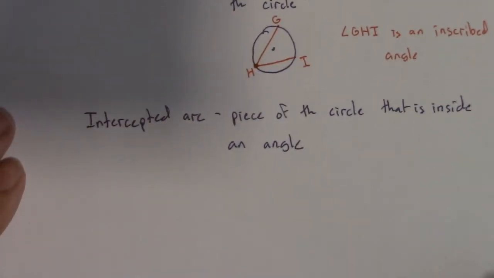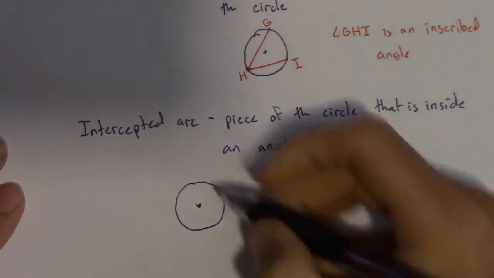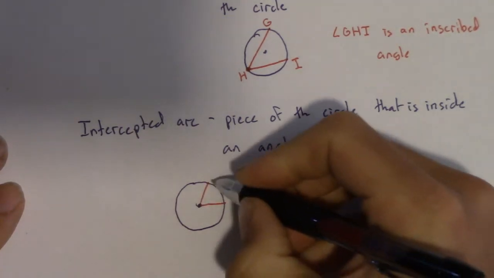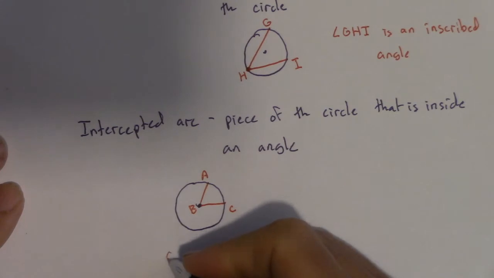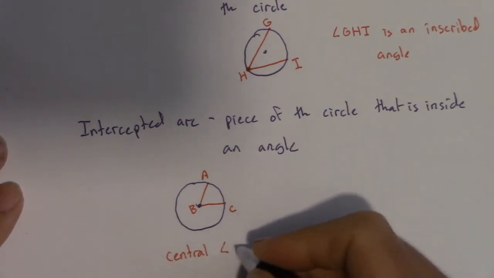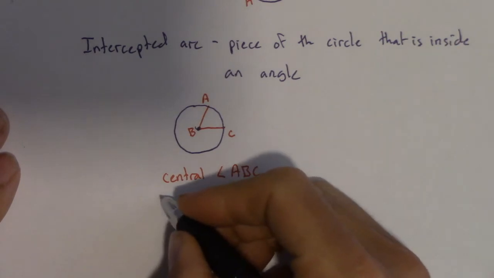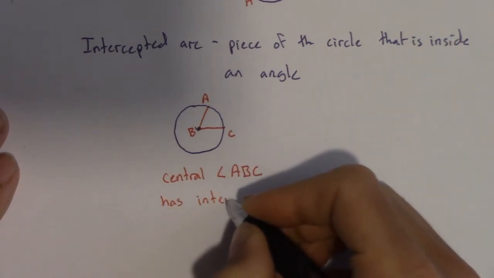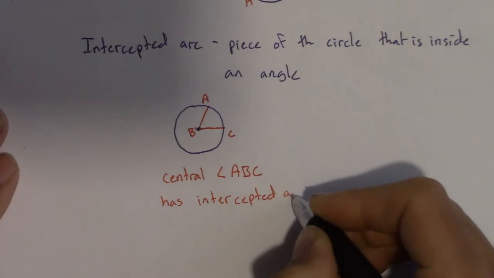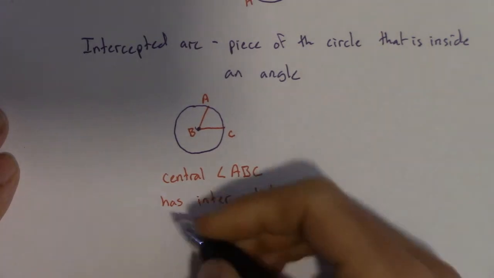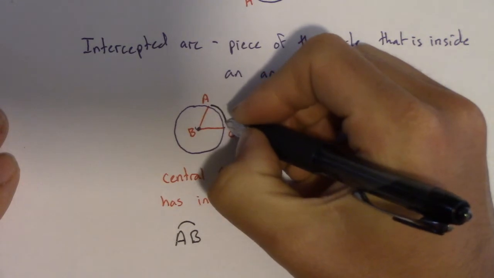Okay, so for example, I could have a central angle, I could call that ABC, and so central angle ABC has intercepted arc AB, and it's referring to this space right here.